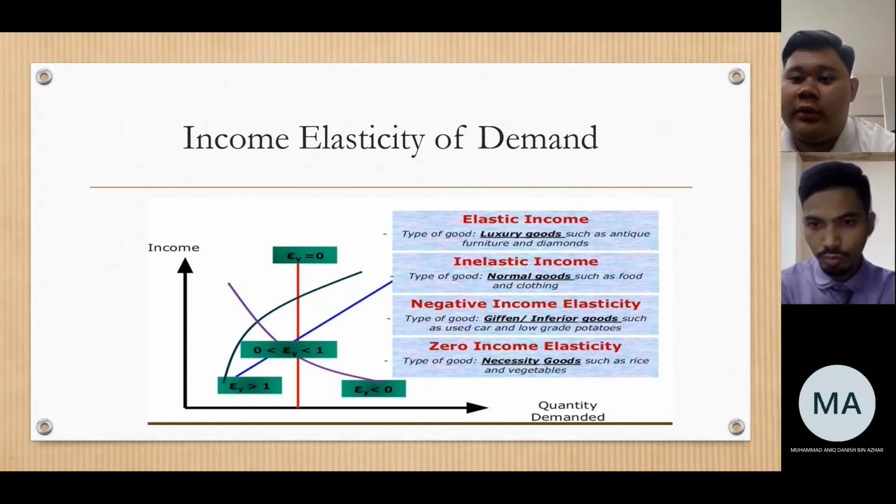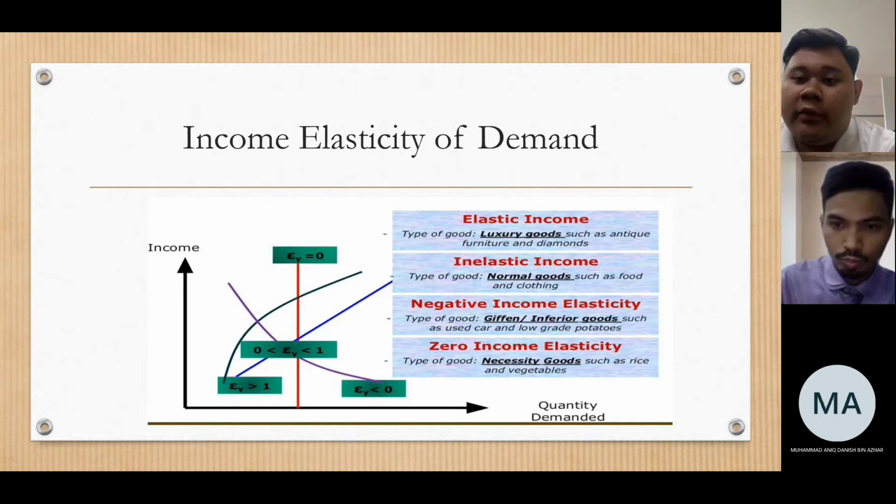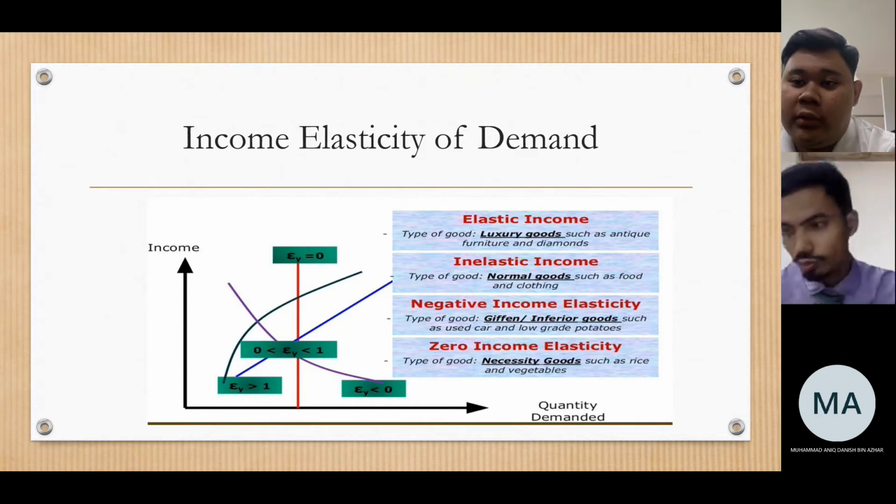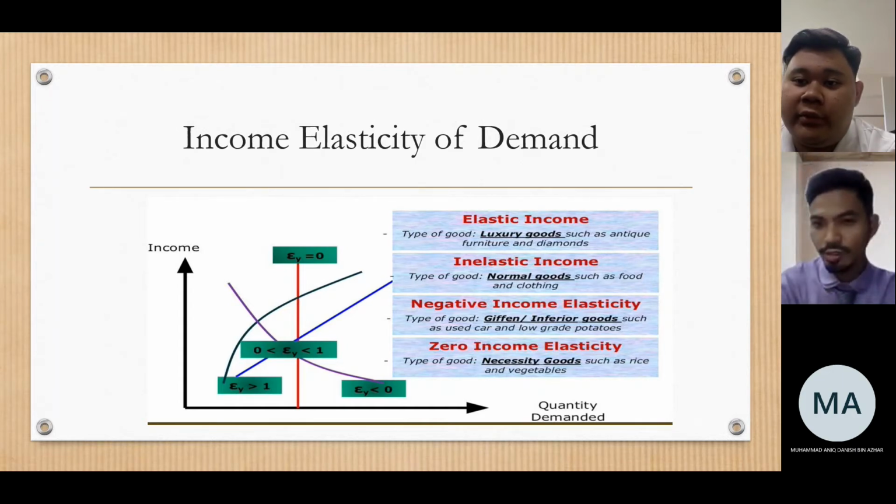Negative income elasticity: the type of goods are inferior goods such as used cars and low grade potatoes. Zero income elasticity: the type of goods are necessity goods such as rice and vegetables. This is a graph of income elasticity of demand.